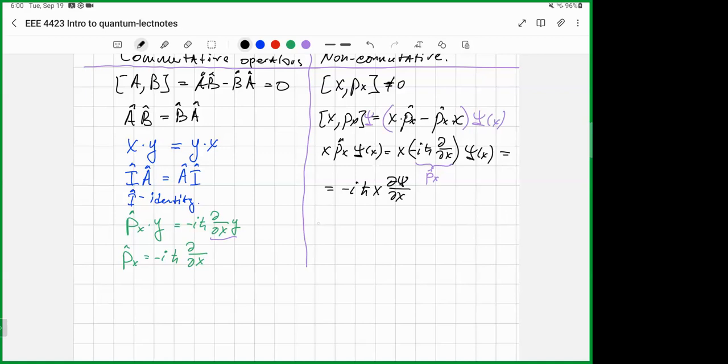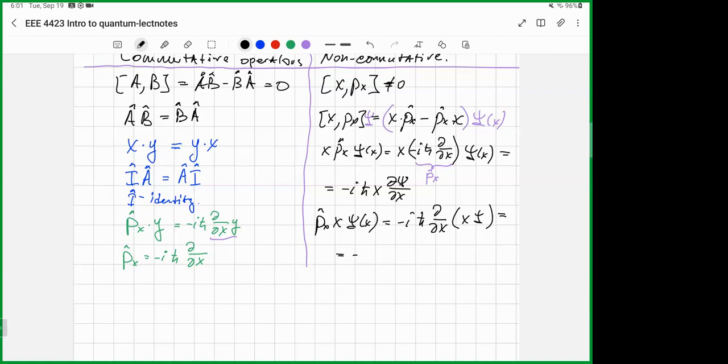The second term is px x psi, which is minus i h bar d over dx acting on x times psi.